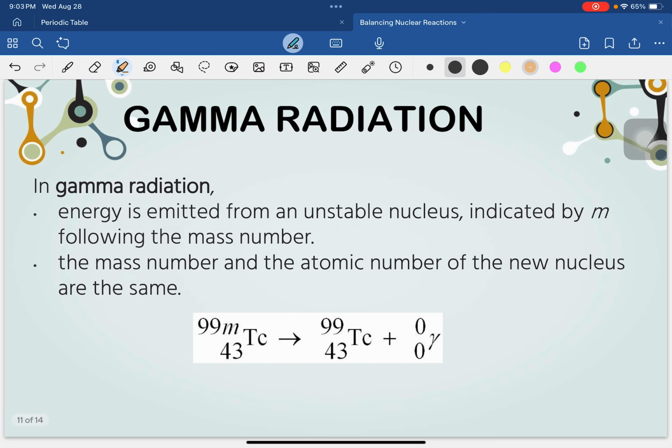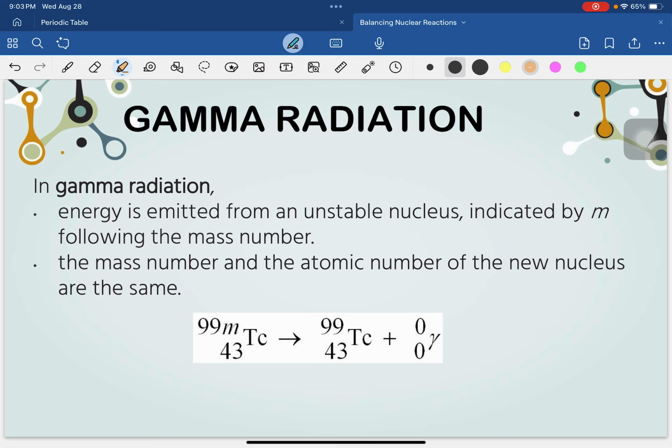And lastly, for gamma radiation, energy is emitted from an unstable nucleus indicated by m following the mass number. The mass number and the atomic number of the new nucleus are the same. So in this case, no changes.